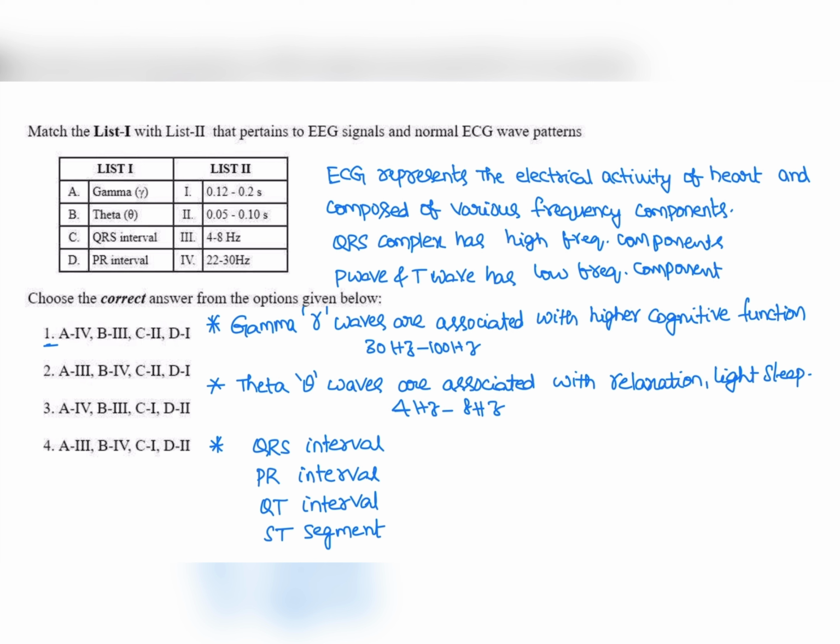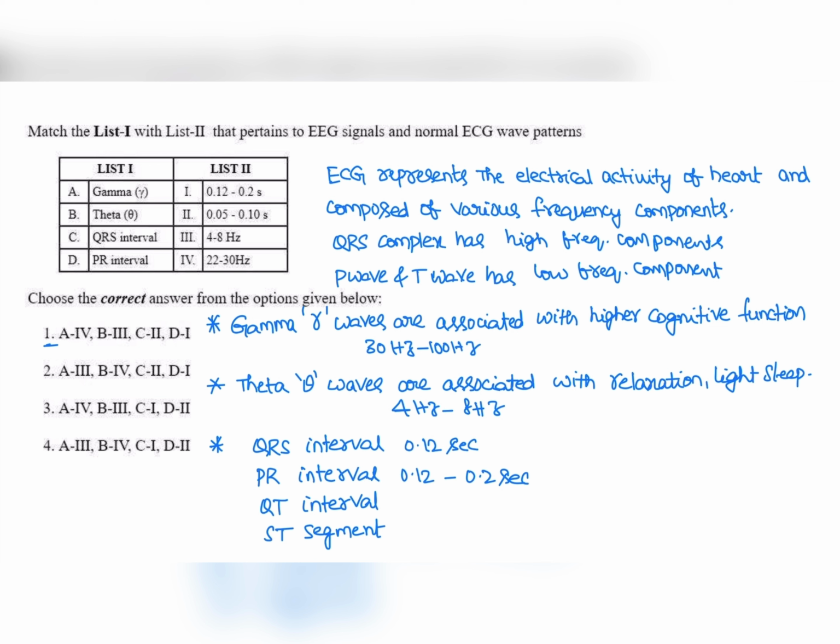Next, the PR interval is from 0.12 to 0.2 second. The QRS interval, in normal cases, is less than 0.12 second.